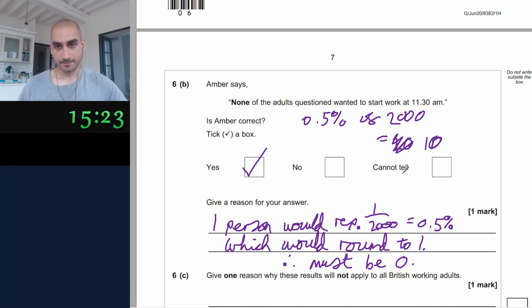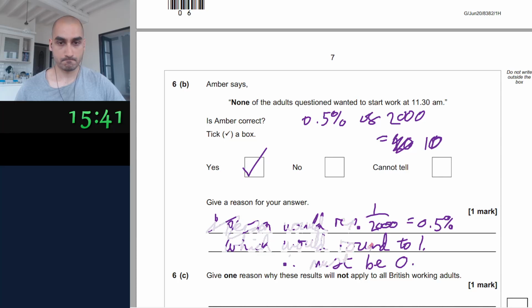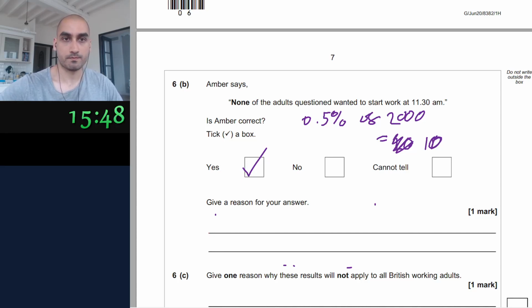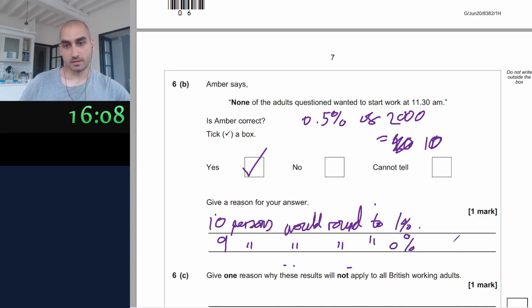Okay, let's erase this. All right. 10 persons would round to 1%. 9 would round to 0%. Therefore, don't know.